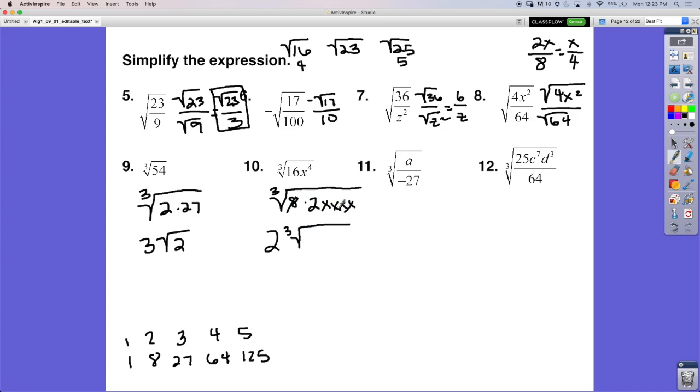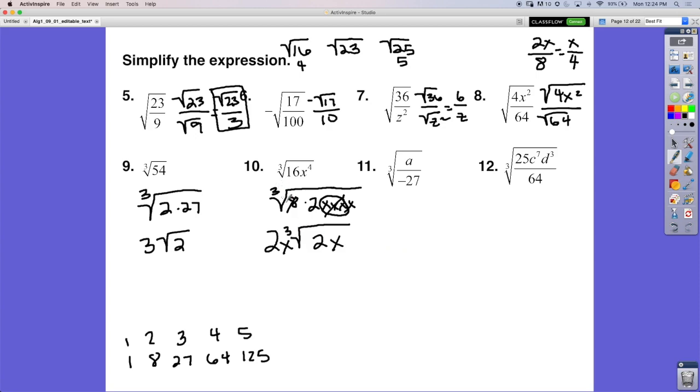Now I have to look for groups of 3. It's a cube root. So I'm going to circle a group of 3. How many groups of 3 can I take out here for the x? 1. So 1 goes here. That's done. And what's left inside the radical? 2x.